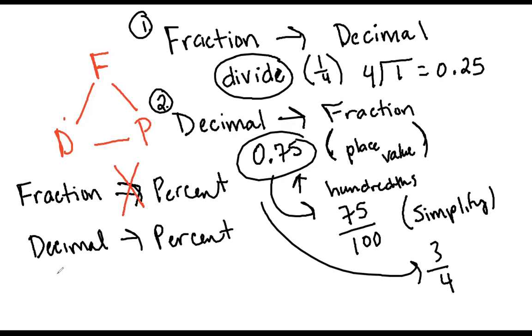I turn a decimal into a percent by going 2 places to the right. And it's always 2 places to the right, right, Mr. G?